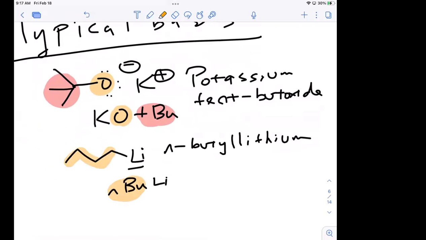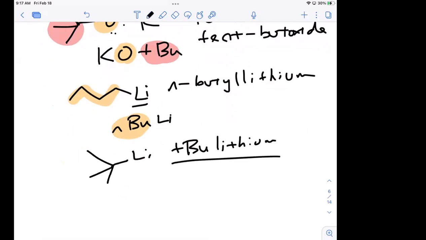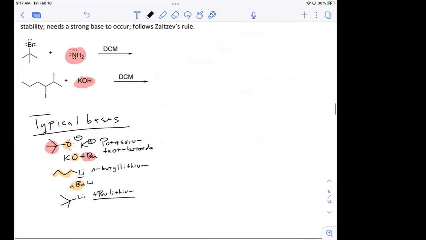We've seen these types of organolithiums before, but we don't use these for coupling because they're just too basic. And tert-butyllithium is another base that can be used as well. It's also a really good base. So you need a strong base to do E2.